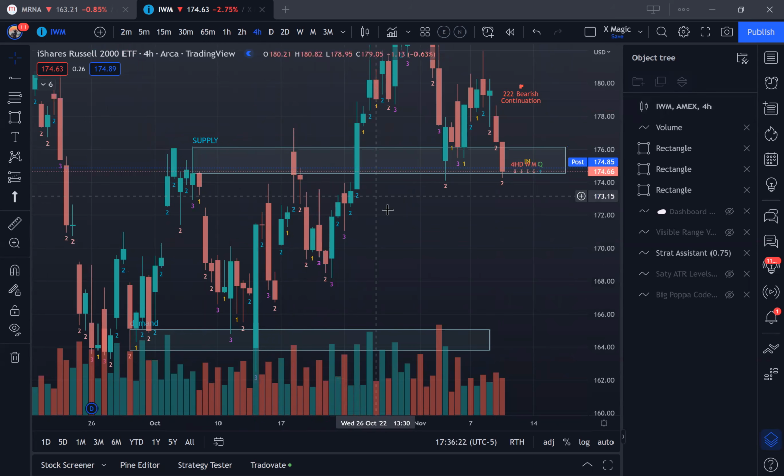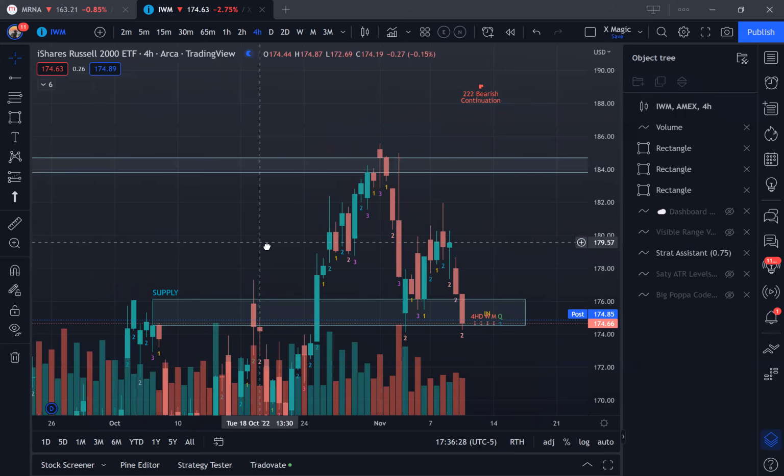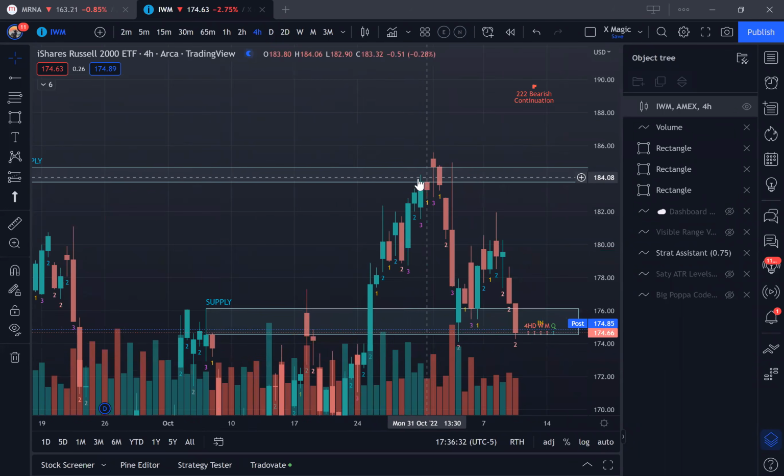They go back up. This time, whoever was waiting to sell, there weren't that many, so it broke through. We go to retest the next supply zone, which is up here, as you can see. Get some selling pressure.